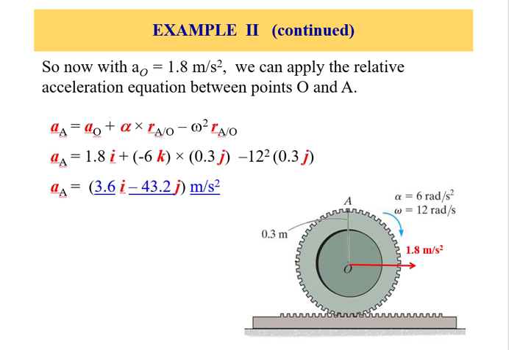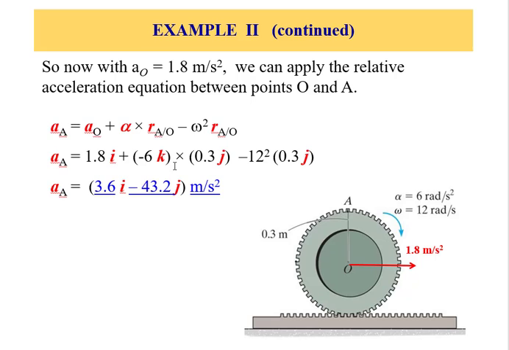And then we calculate the relative or the absolute acceleration of A from O, where r A with respect to O is the position of A as seen by O, so it's from here to there, so it's 0.3 j.